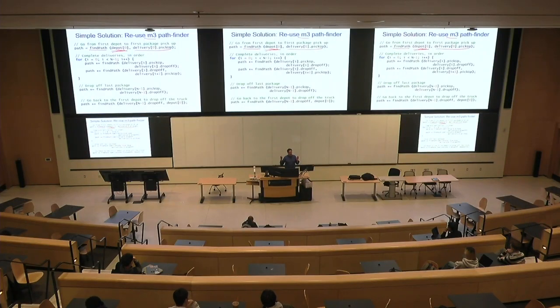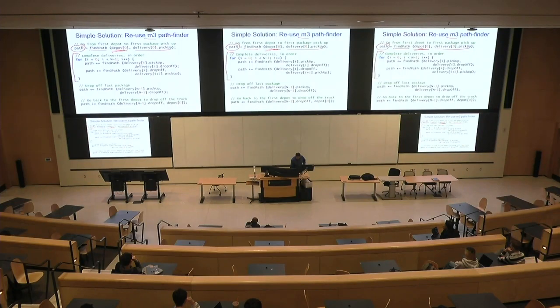I'm going to just go to the first delivery and whatever intersection I'm supposed to pick it up at. I've called my find path routine, so I've got a vector of street segments that now get me from that first depot to my first pickup. Then I'm just going to do the deliveries in the order that they were given to me in the input. We gave you n deliveries, and I'm just going to make the deliveries in that order.